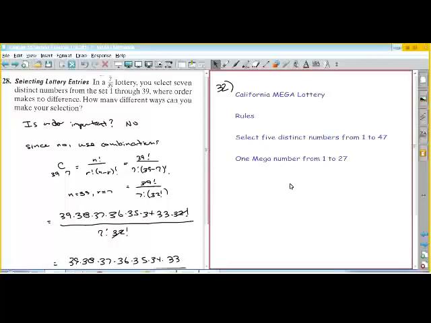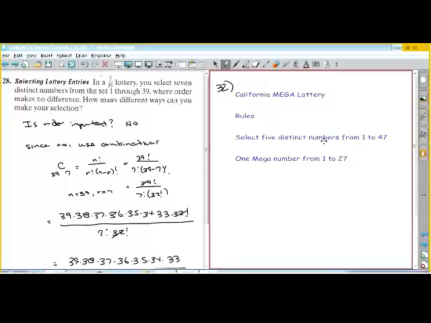Step 1 is to choose your 5 numbers, and step 2 is to choose the second number. Therefore, it's a 2-step process. So you find out how many combinations or subsets you can get from the first part. And the second part's easy. It's 27. There's 27 possibilities, and then you multiply them together. So you get the number for the first part, and you multiply it by 27, and that'll give you the total number of possibilities.